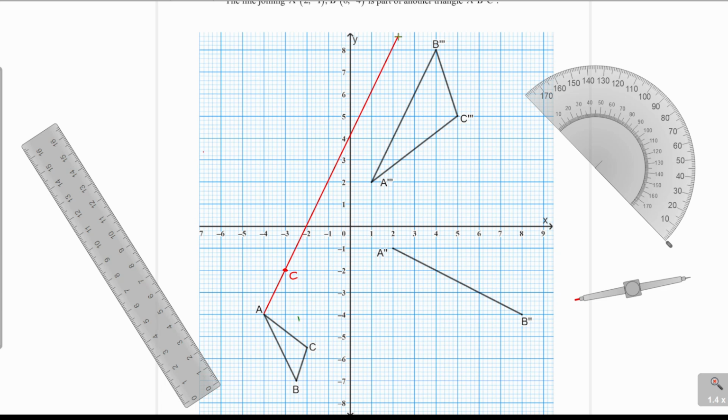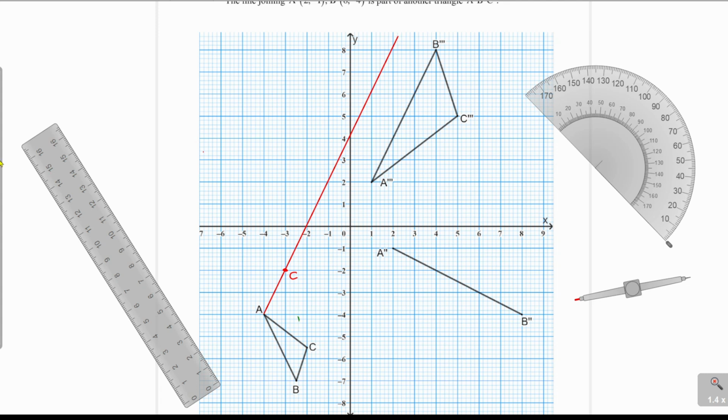And then we need now to locate A prime, and we'll be guided by the scale factor. The scale factor is -2. So -2 means that we're going to enlarge this triangle twice. Negative scale factor of enlargement implies that the object and the image will be on the opposite sides of the center of enlargement. So this is what you're going to do.